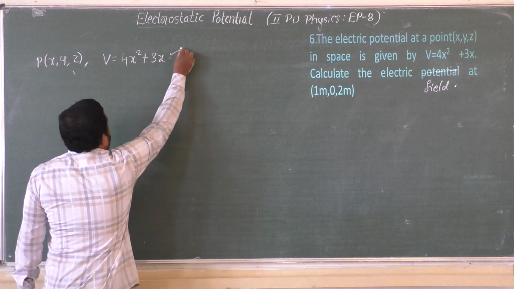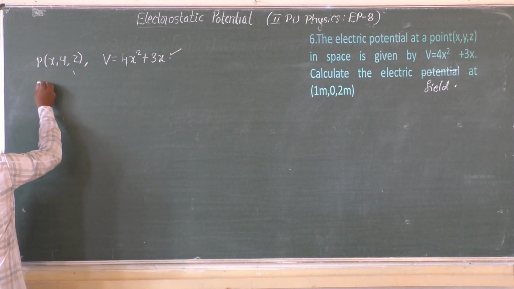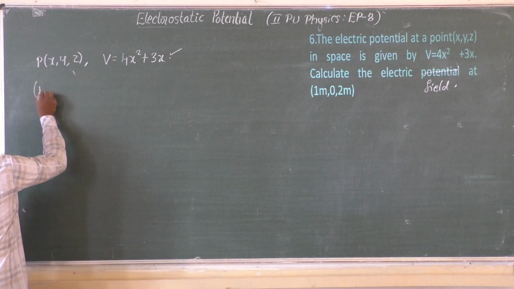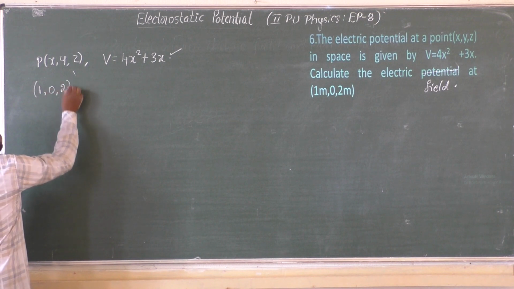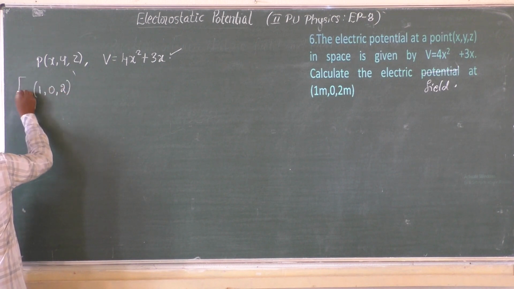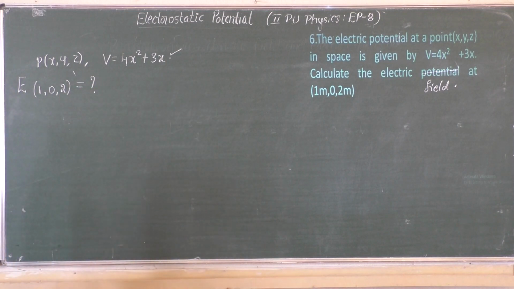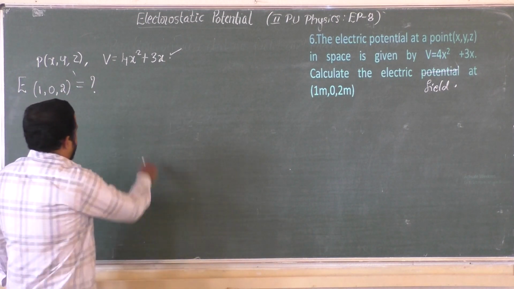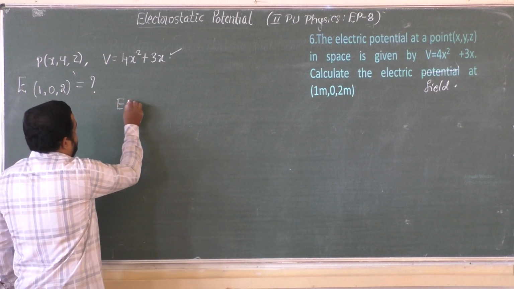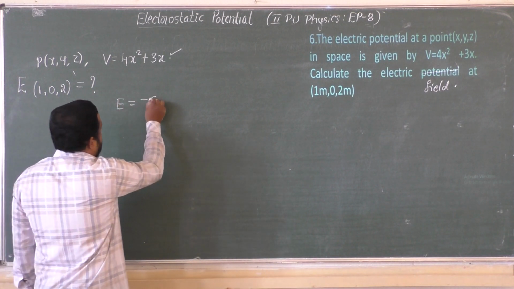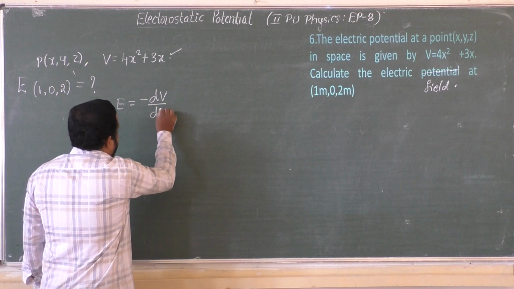Potential value is given. Now we have to calculate the electric field at point 1, 0, 2. What is the value of electric field at 1, 0, 2? We know the relation between electric field and potential. Electric field and potential are related by E is equal to minus dV divided by dx.